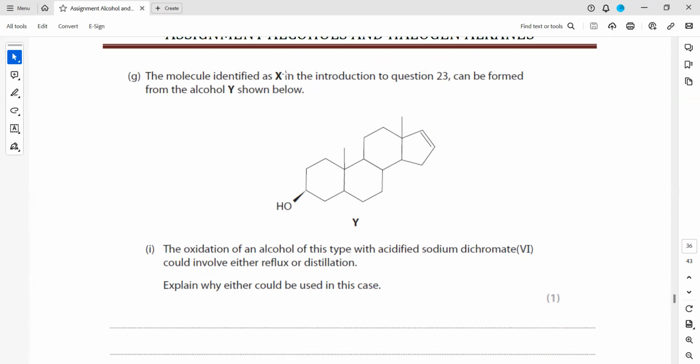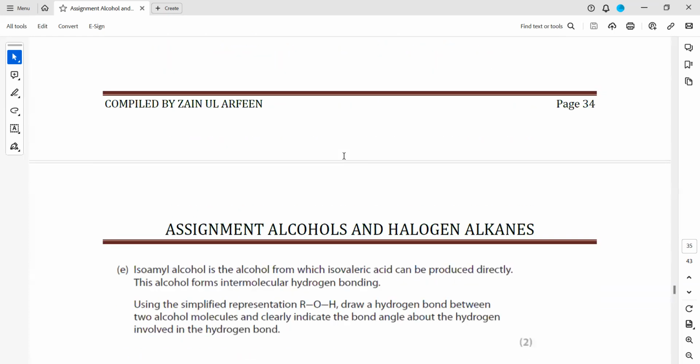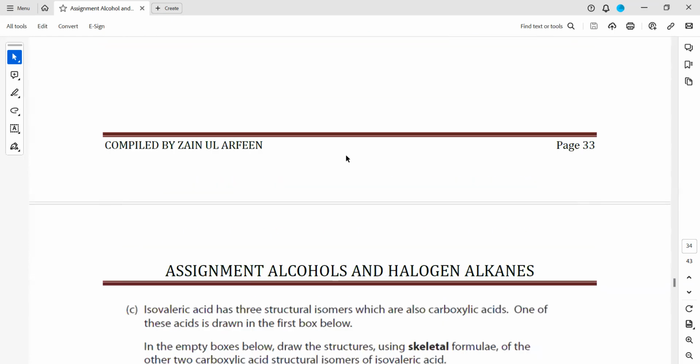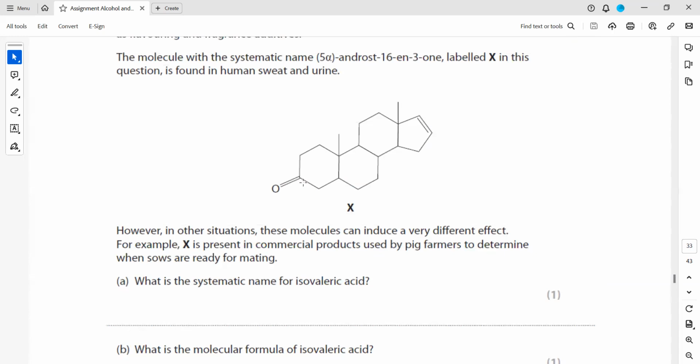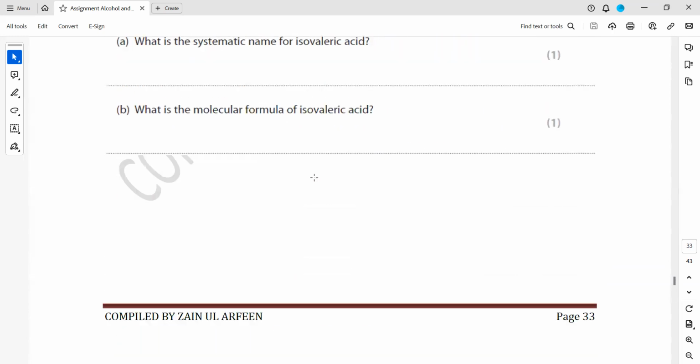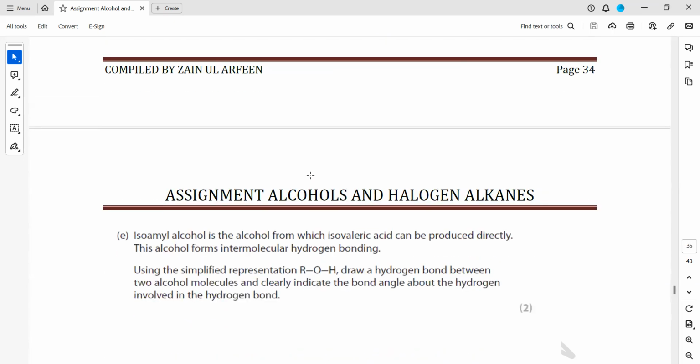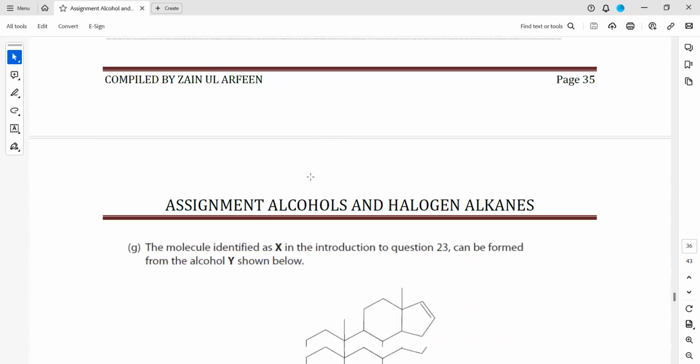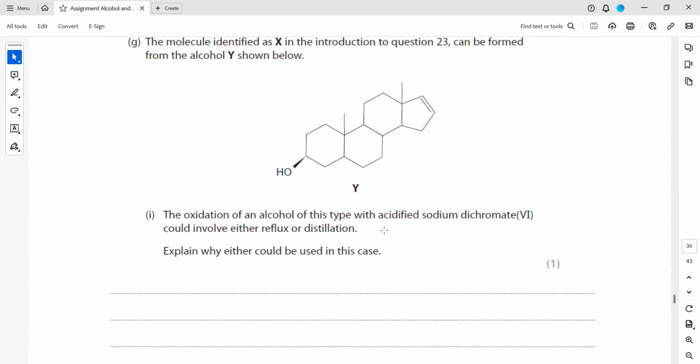Molecule X, the molecule introduced in question 23, can be formed from alcohol Y. Like here, this molecule X at the beginning of the question is turned into a ketone, and it can be formed from this alcohol Y. And they're asking why we can use both a reflux condenser or simple distillation. Why both?